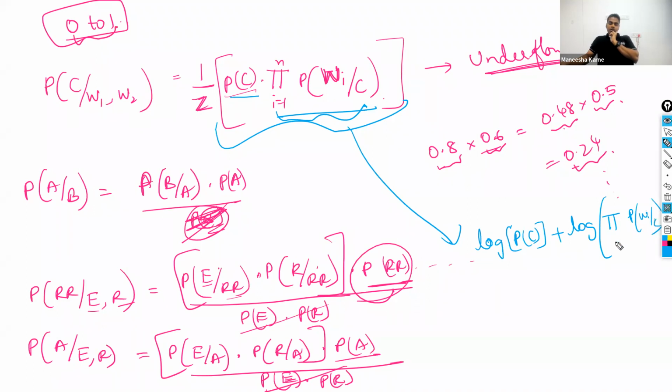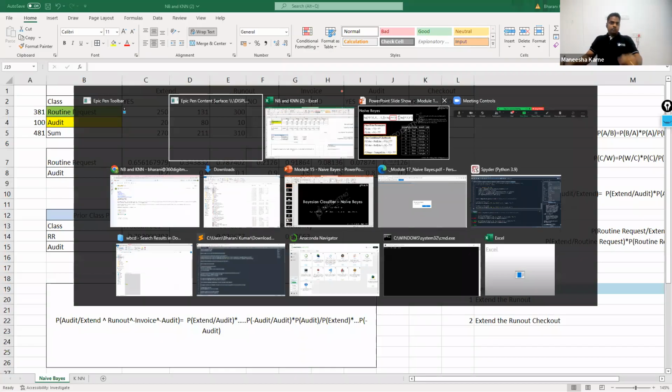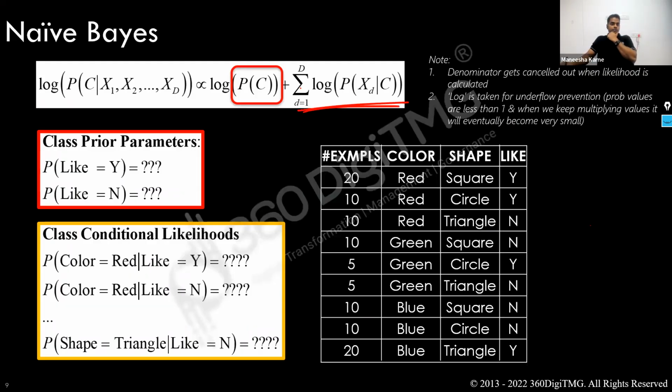But then, if you have again A into B, when I take a log, what will it become? This is nothing but multiplication part, A into B, A into B. When I take a log, what will happen to the multiplication? It will become addition. That is why you're seeing addition.